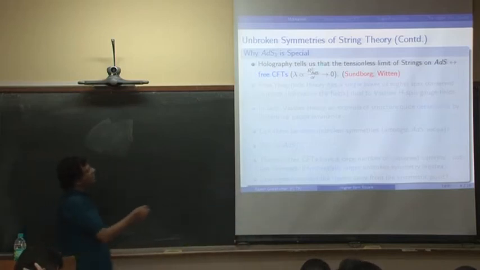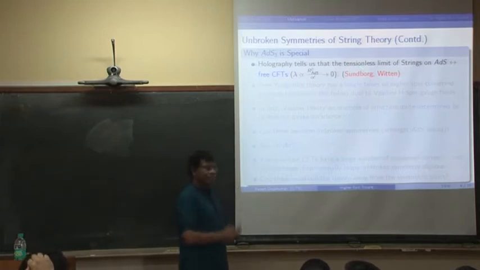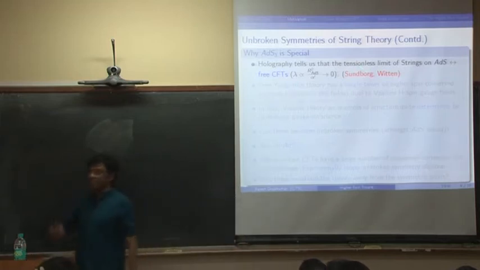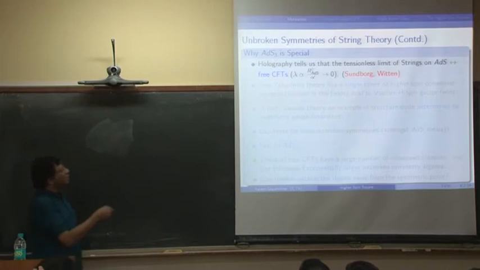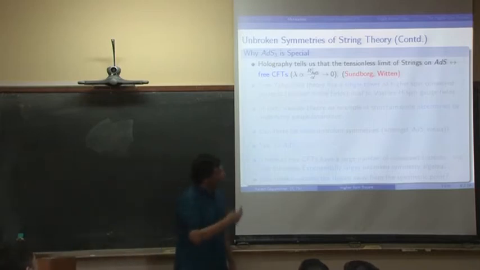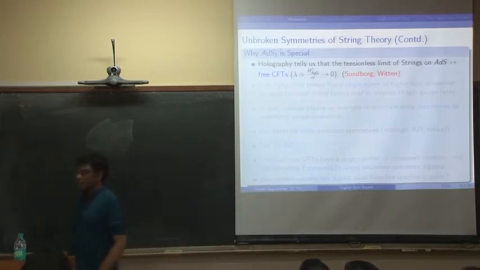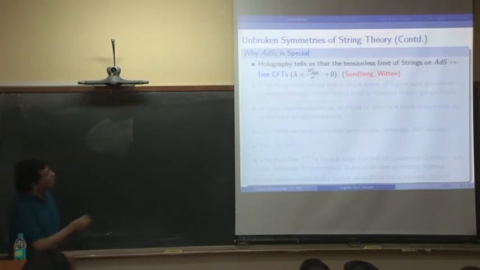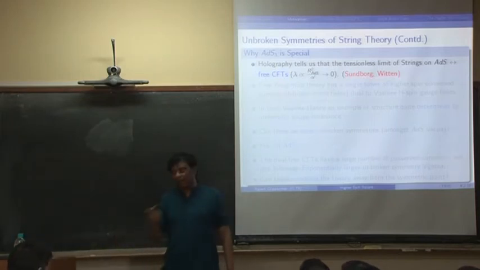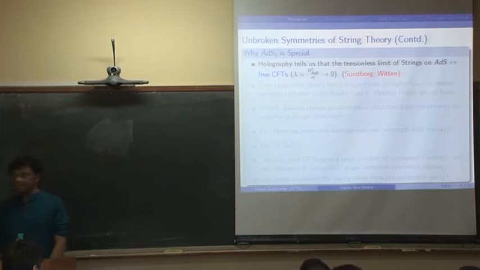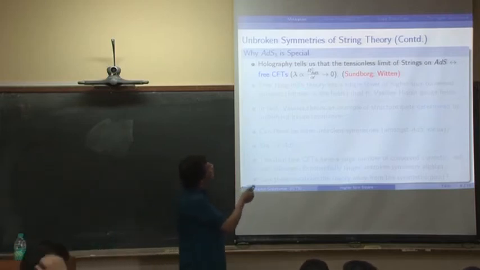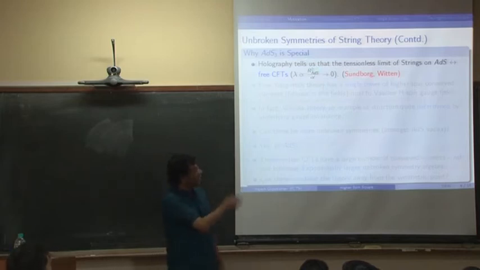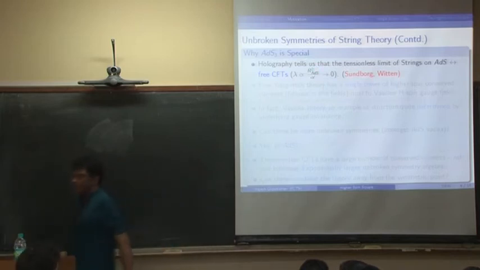And the AdS/CFT dictionary tells you that this is typically some positive power of the coupling constant of the CFT. It's lambda to the 1/4 or lambda to the half in the case of AdS5 and S5, where lambda is the coupling of the CFT, the 't Hooft coupling. So this dictionary tells you that taking this ratio to zero is equivalent to taking the CFT to its free limit.